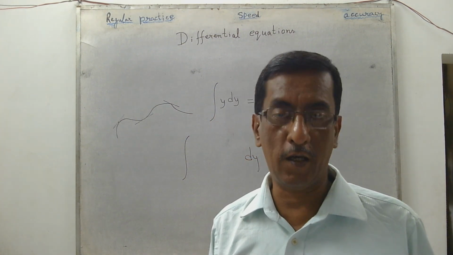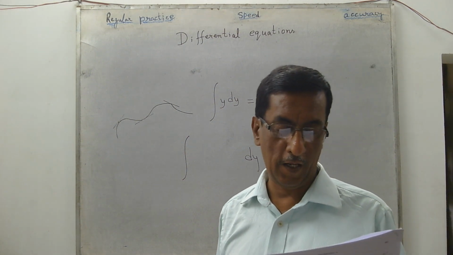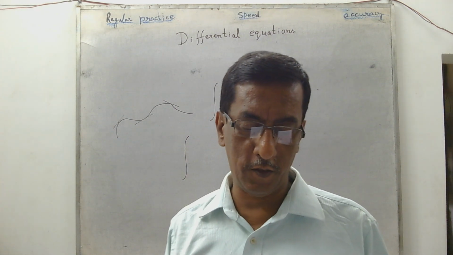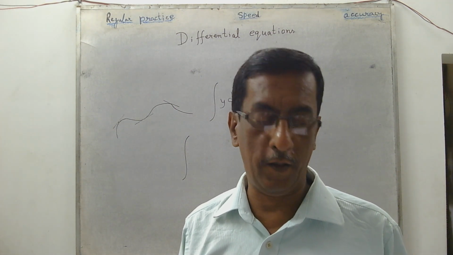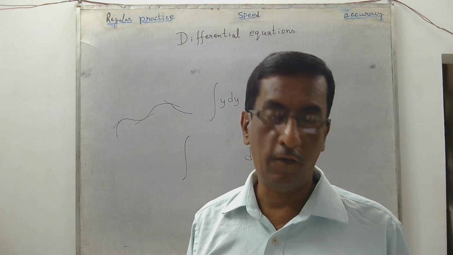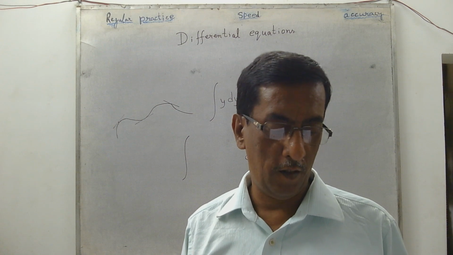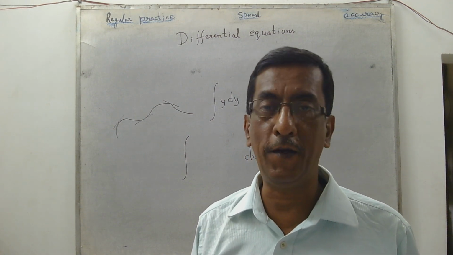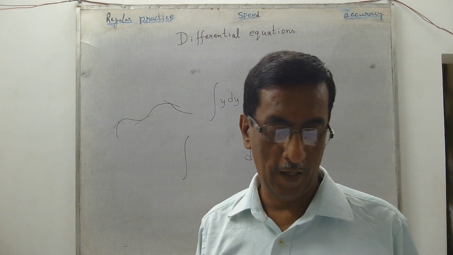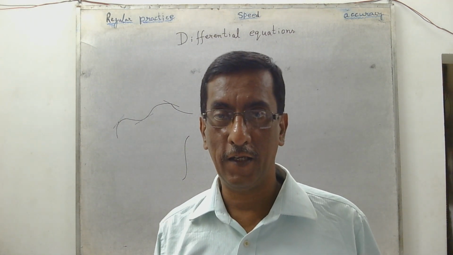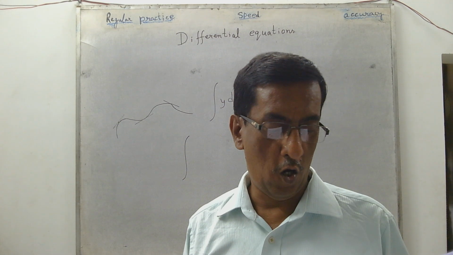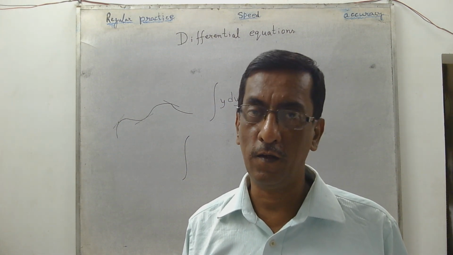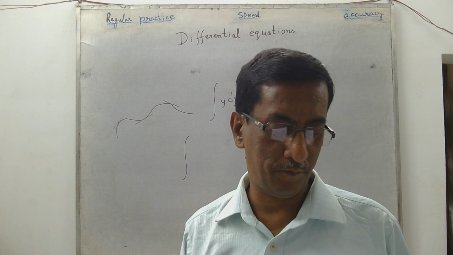Some variables are independent and some variables depend on the other variables, which are called dependent variables. For example, the radius r of a circle is an independent variable, and the area capital A of the circle is a dependent variable which depends on radius r.